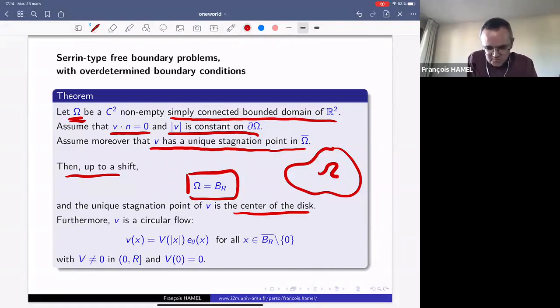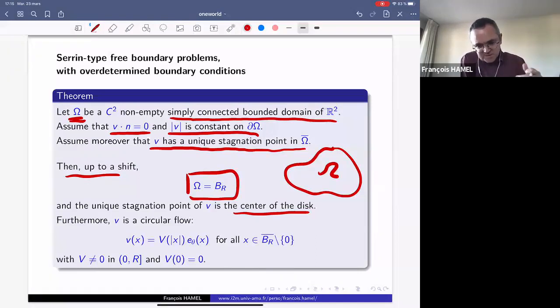The stream function U is both constant on the boundary of omega, and also it has a constant normal derivative on the boundary. So this is like the classical Serrin problem for the equation Laplace U equal to 1, or equal to f of U, in such a domain with overdetermined boundary conditions.